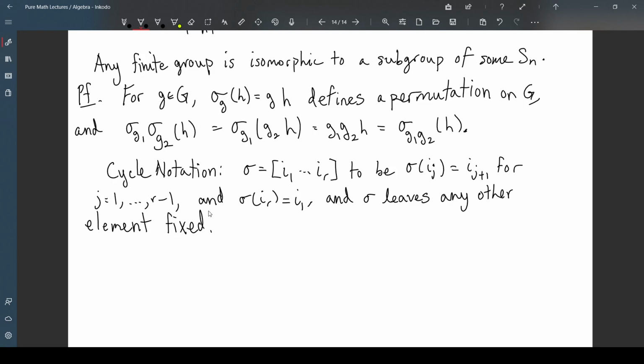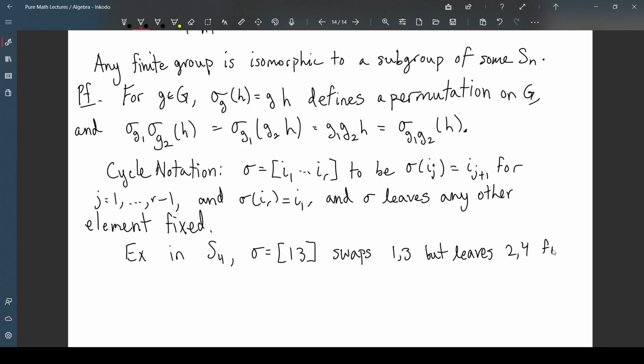So let me give an example of this. In S sub 4, sigma being, say, (1 3), swaps 1 and 3, but leaves 2 and 4 fixed.